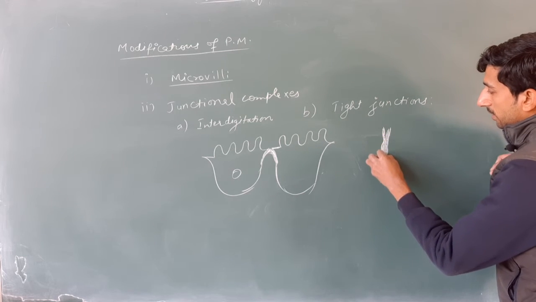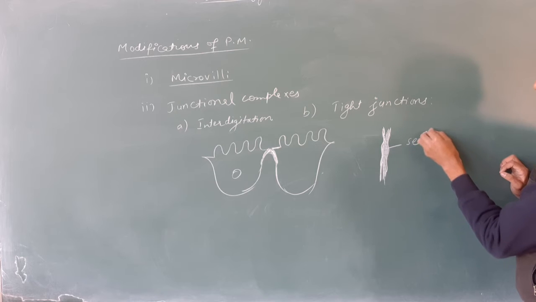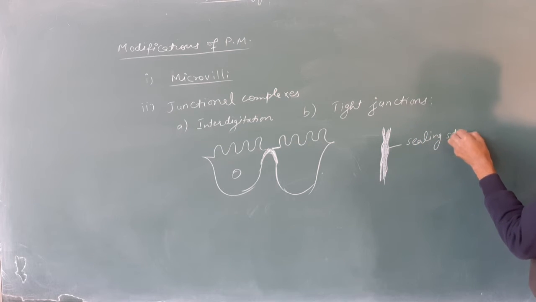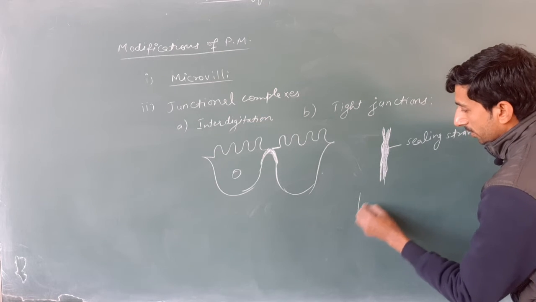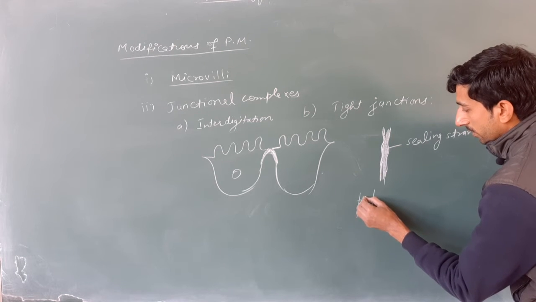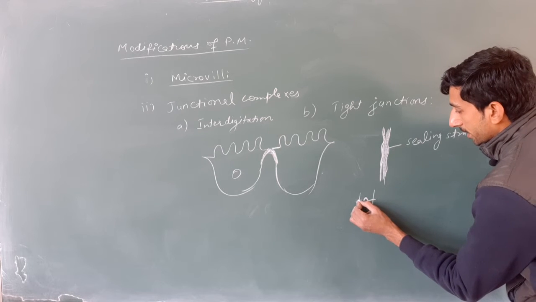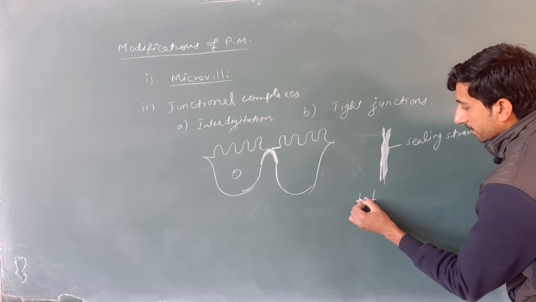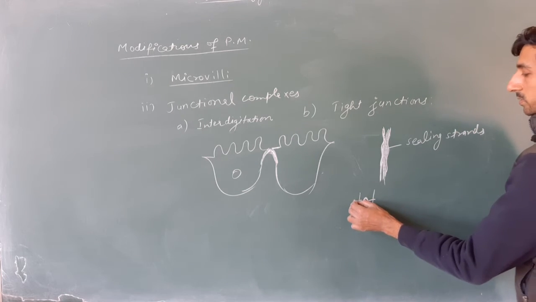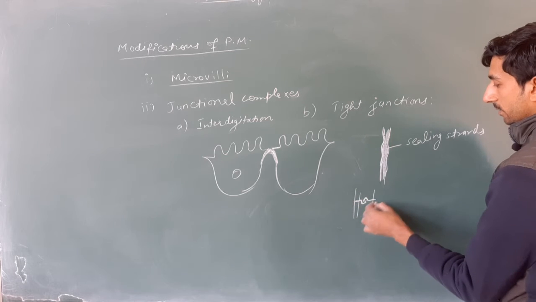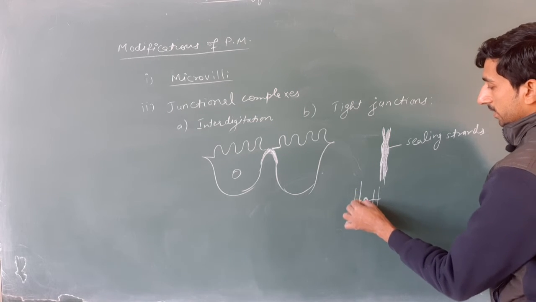In between the plasma membranes, sealing strands are there, and there are membrane proteins which make a tight coordination with each other, and these also form contact with the cytoskeletal components.